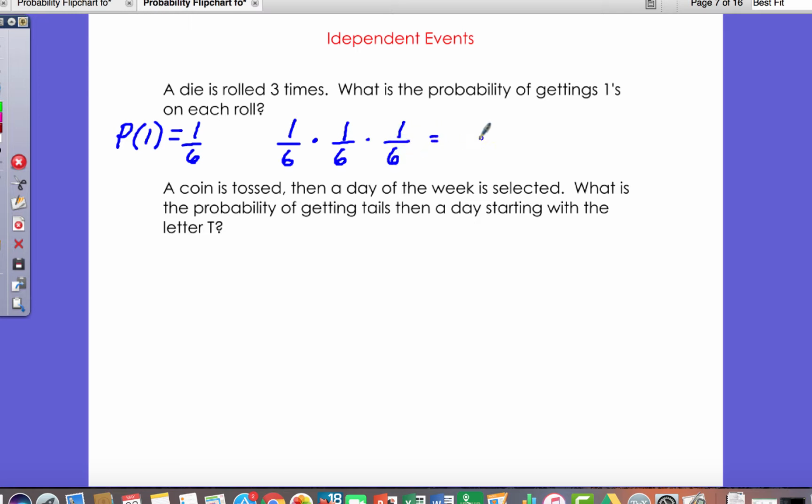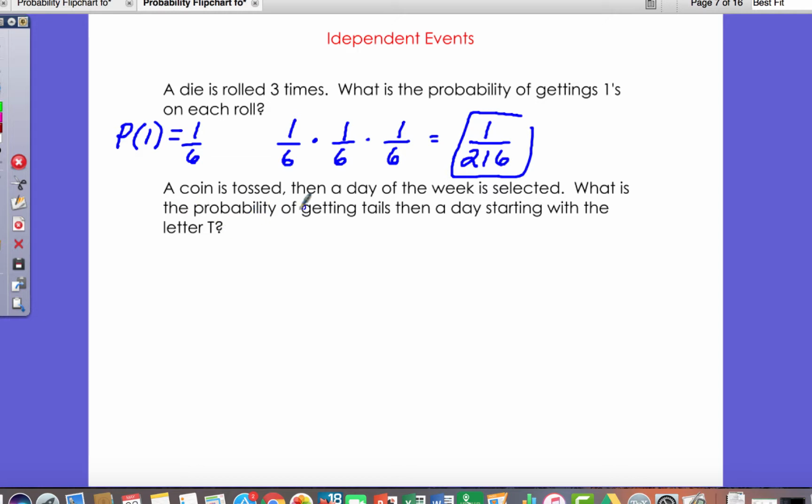So that becomes a 1 out of 216 chance that you're going to roll all 1s. Notice that the first roll had no effect on what happened in the second event. So that's what we mean by independent.